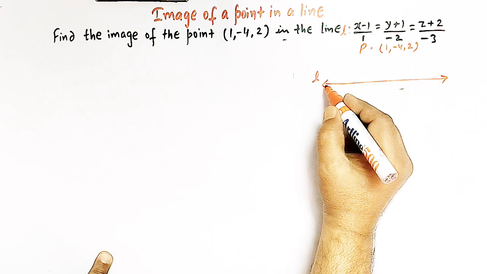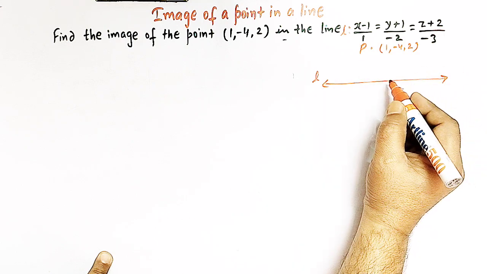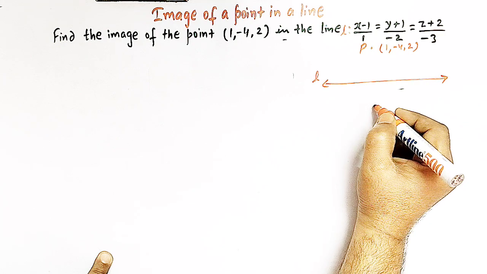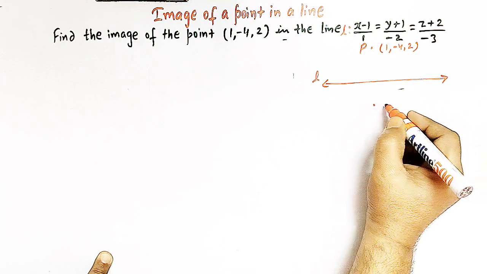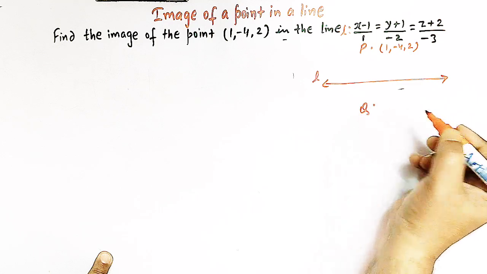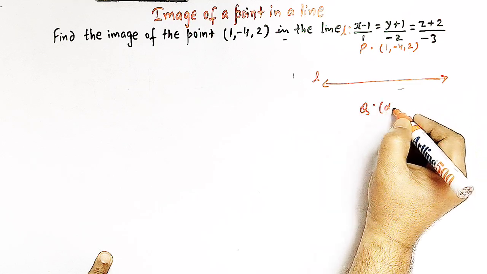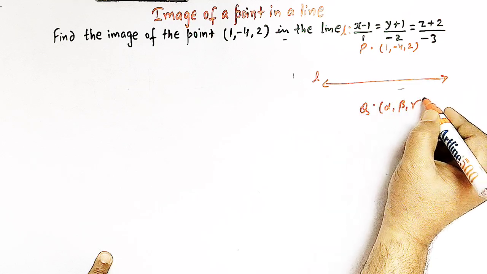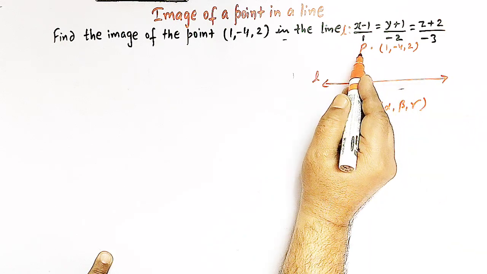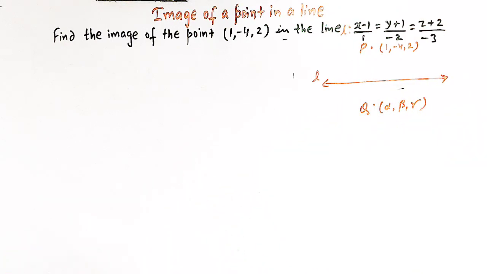Now if this line is taken as a mirror, then the image of this point P lies over here, and let us take the image as the point Q, and let us take alpha, beta and gamma as the coordinates of the image of this point P, right?